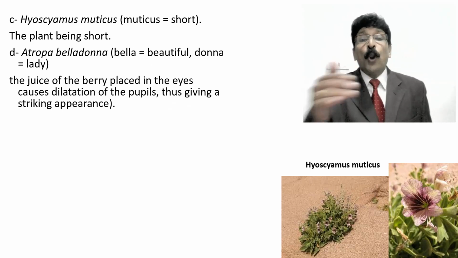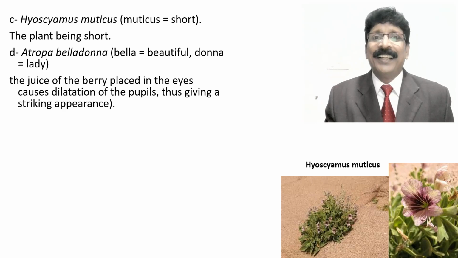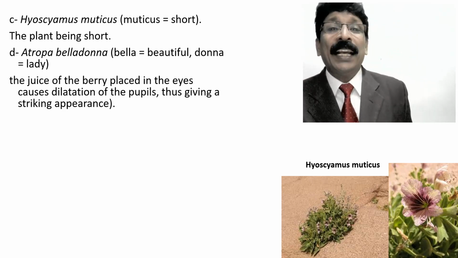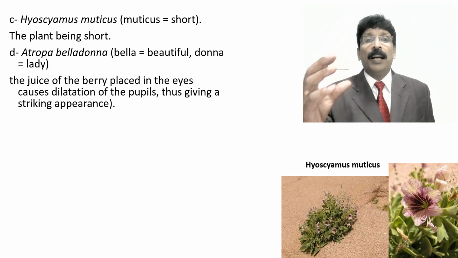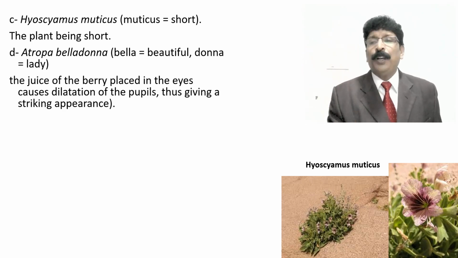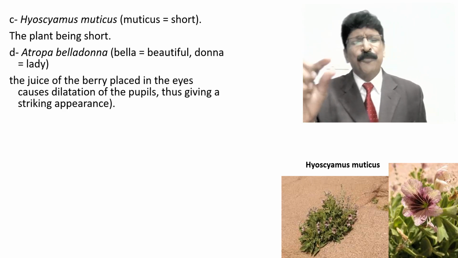Atropa belladonna. Bella means beautiful. Donna means lady. The meaning is beautiful lady. Why? Because this plant's berry was very beautiful.